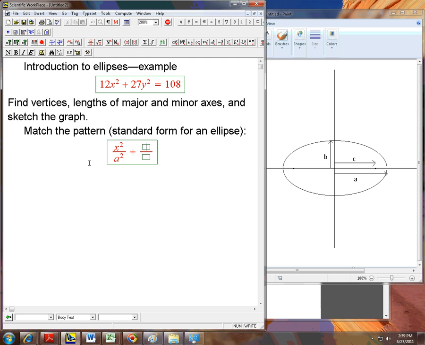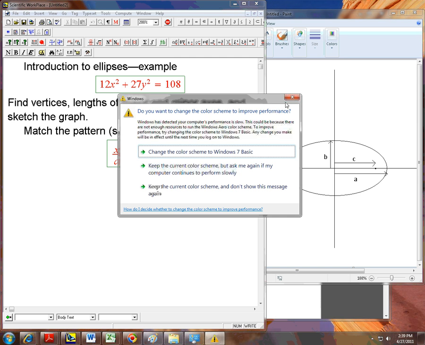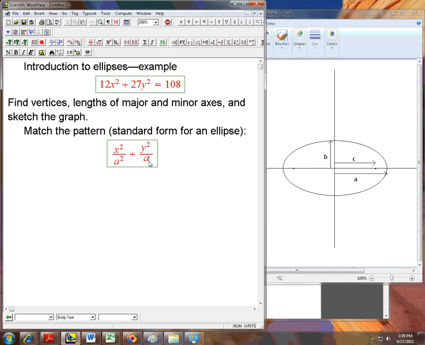Suppose you had an equation like x squared over a squared plus y squared over a squared equals 1. That would just be kind of a silly way to write x squared plus y squared equals a squared. And that's a circle.